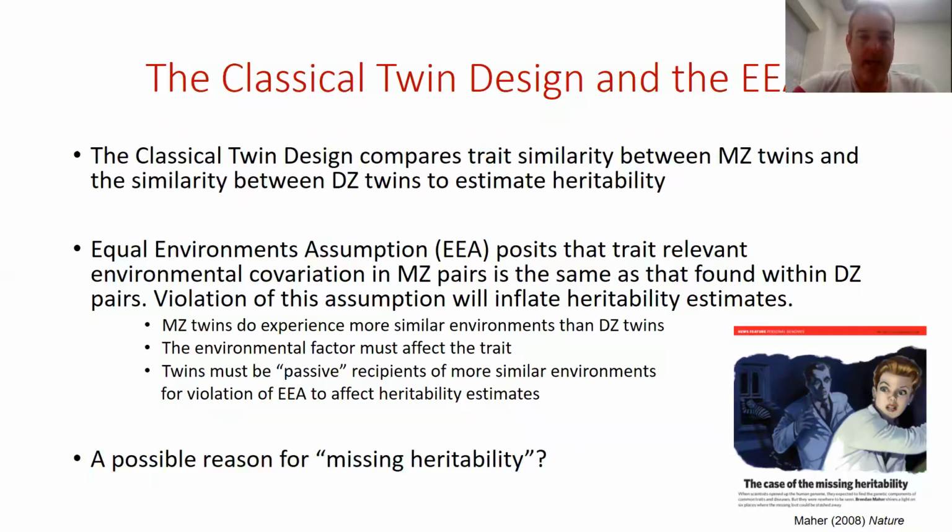So the EEA has been hypothesized to be a possible reason for the missing heritability in genome-wide association studies. Remember, the missing heritability problem is this idea that in GWAS, the genome-wide significant variants are only responsible for a small amount of the phenotypic variance of the trait, much less than the heritability estimates from twin studies.